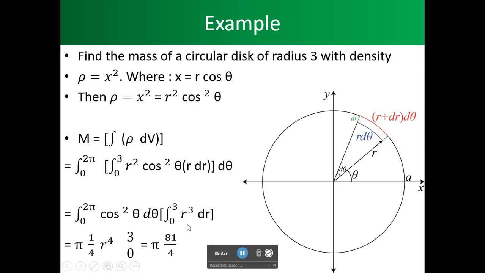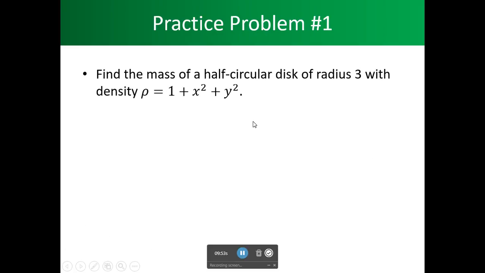And if we integrate r cubed, we get 1/4 r to the 4th. And we're evaluating it from 0 to 3. The constant comes out. We have 3 to the 4th times pi over 4, which is 81 pi over 4.